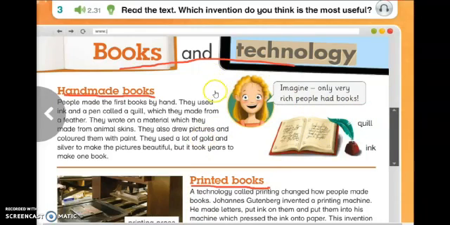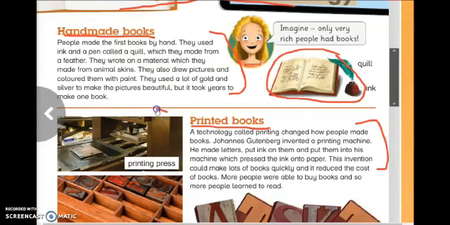Also we have paragraphs. In each subheading we have paragraphs. Also we have pictures and photos. As you can see here we have pictures. Also here we have photos and labels. Look at the labels.